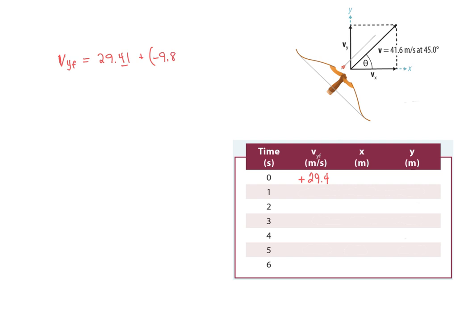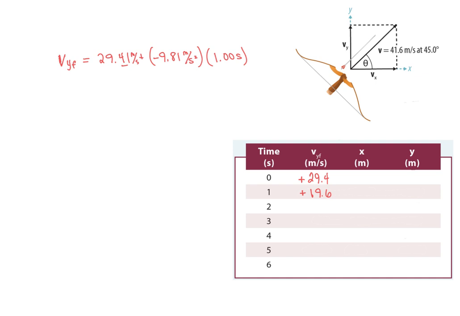Well, gravity is always this. And then I'm going to multiply it by that 1 second. Right? And so after 1 second, I am going to still be going up in the air, but a little bit slower because gravity has started to work on my arrow.